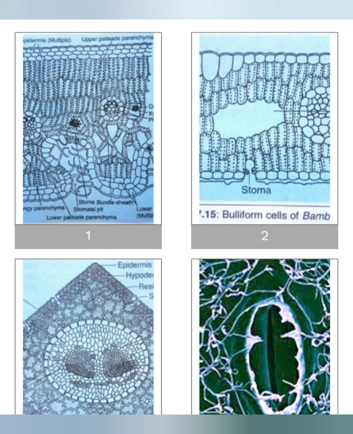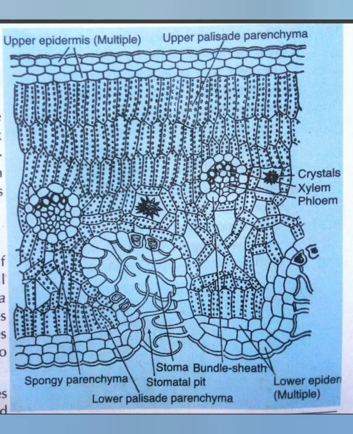Now, some of the anatomical adaptive features are in the epidermis. So let us take a look at this diagram here. In order to prevent evapotranspiration in these plants, the epidermis usually becomes multi-layered.